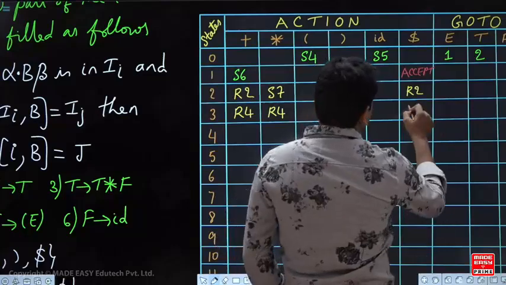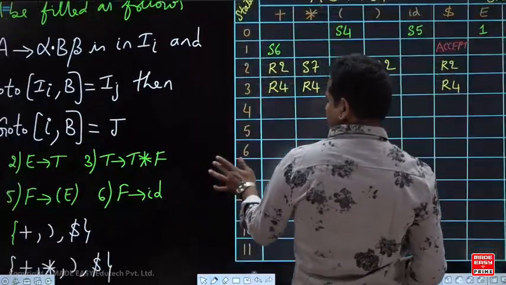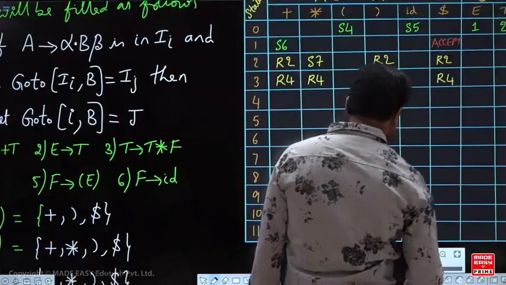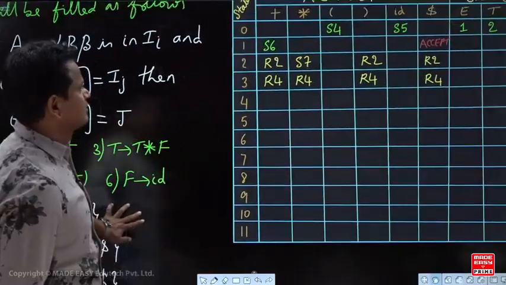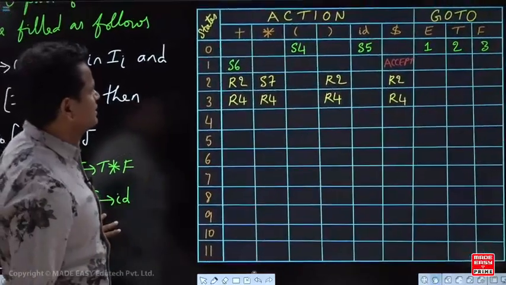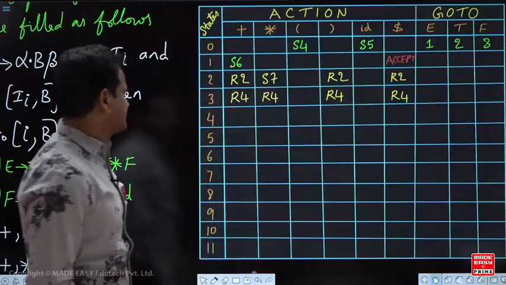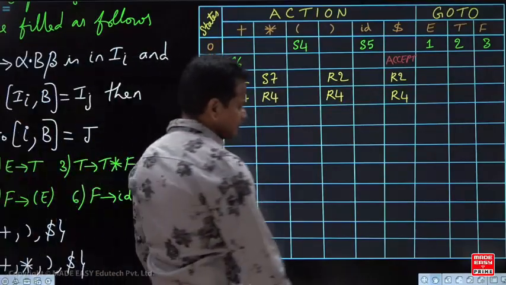3 comma dollar R4. Okay, because follow of T is plus, star, close, dollar, in I3, that is third row. Okay, just continue guys, every one of you.